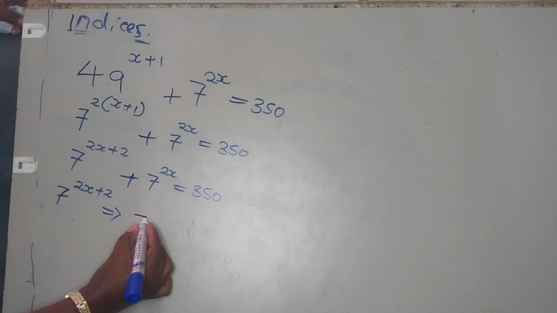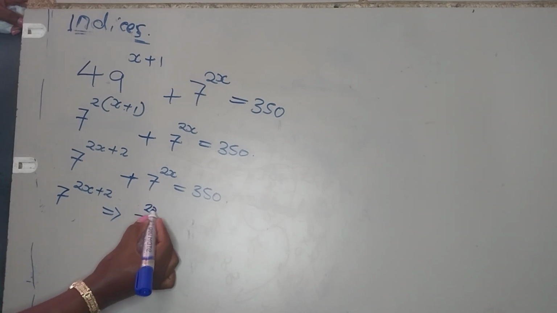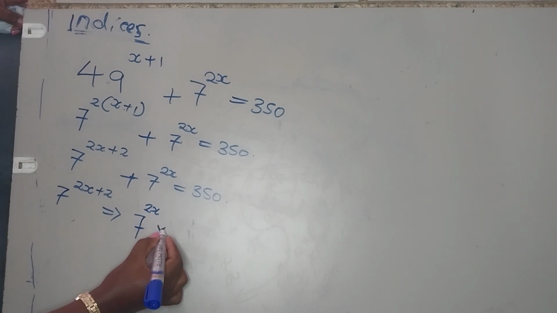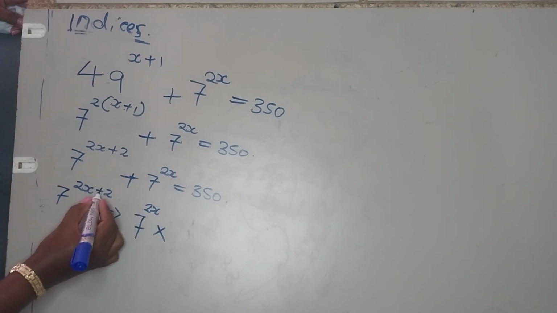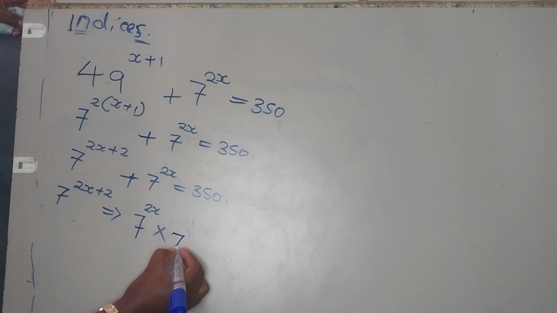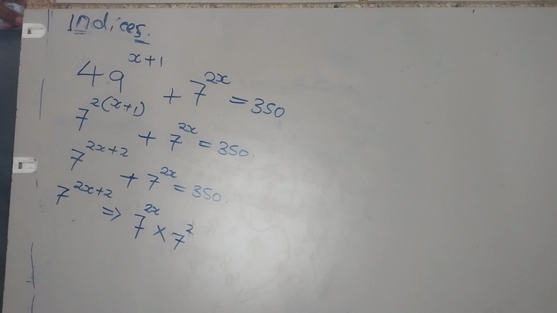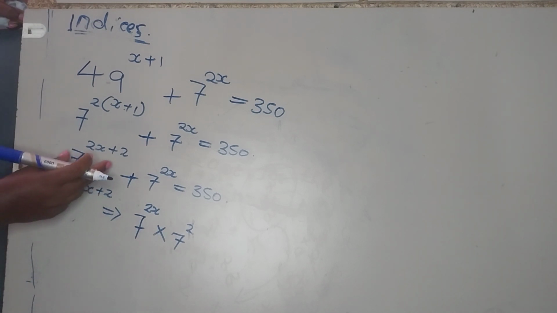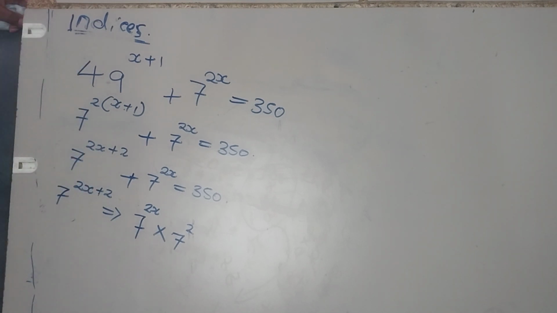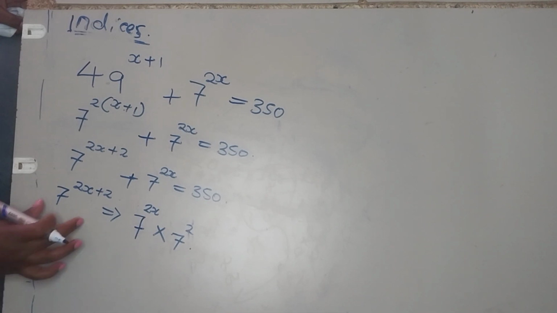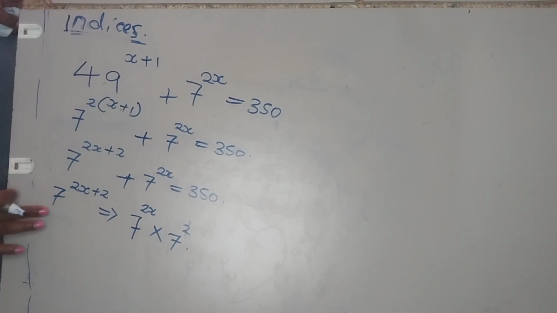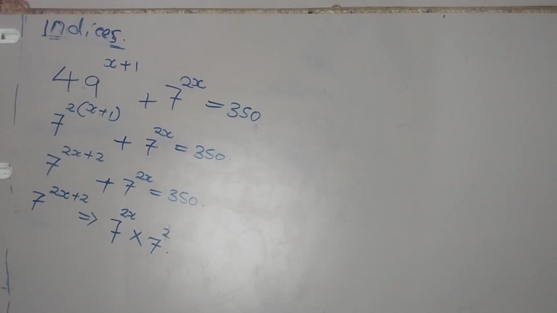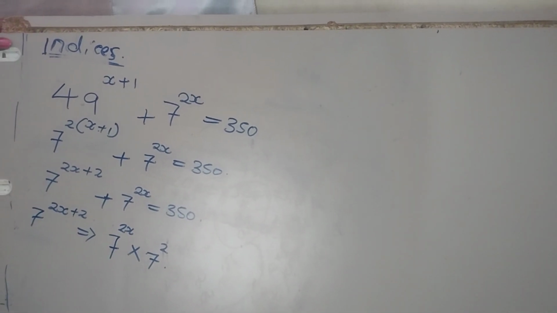The first number was 7 to power 2x, multiplied by 7 raised to power 2. So we can choose to replace that in our equation with the broken part so that it can be better.